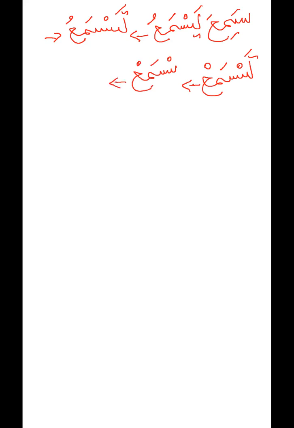And can we read this? No. So what do we need to do now? Helper alif. Good. What will be the haraka on the helper alif? What will decide it? The fatha on the middle letter, so it is a kasra.